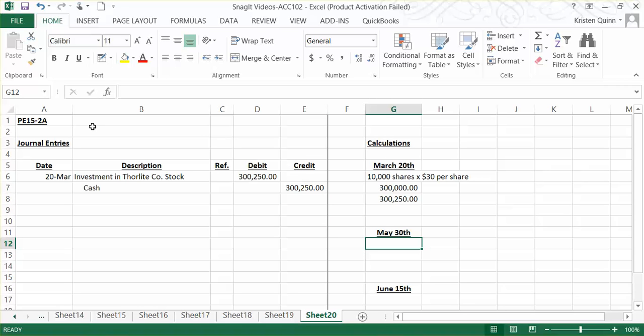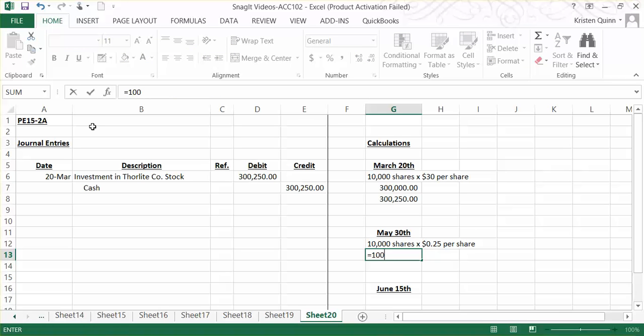On May 30th, we're going to receive a dividend of 25 cents per share. We have 10,000 shares, and we're going to receive 25 cents per share in a dividend. Again, we do not have significant influence over this business, so we can just record the $2,500 that we're receiving as dividend revenue.